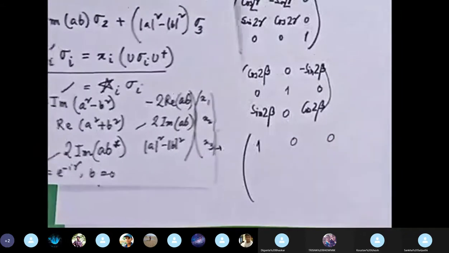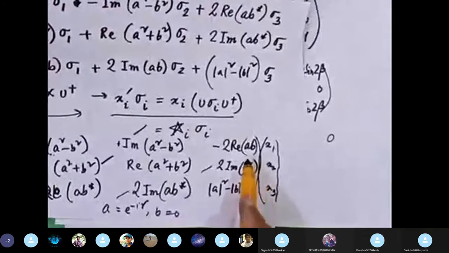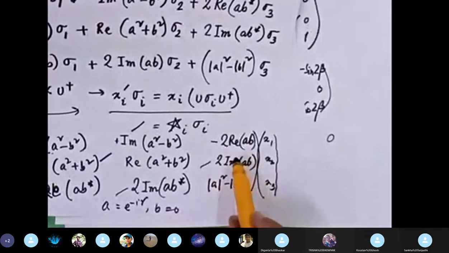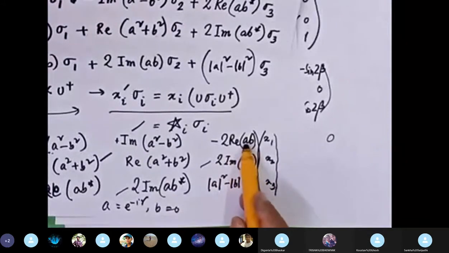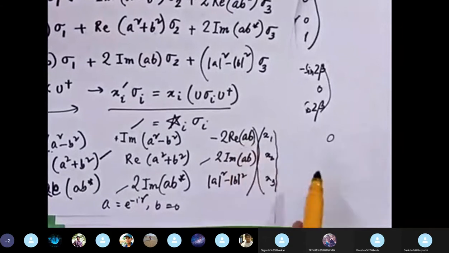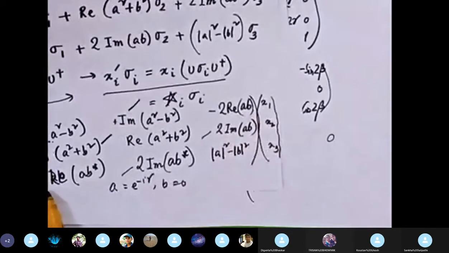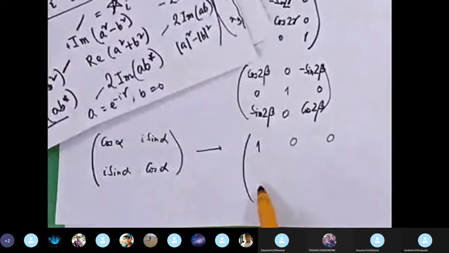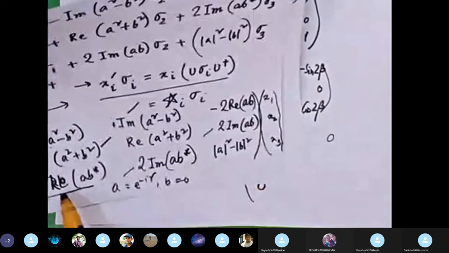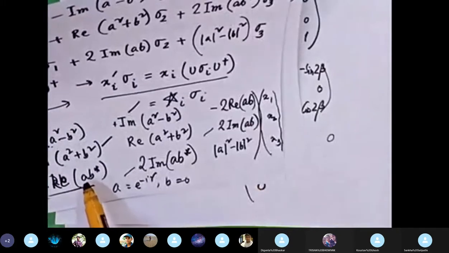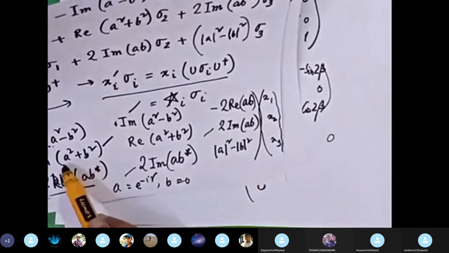Next term is also 0, because A, B is purely imaginary, so its real part is 0. Also this is 0, because this is real part of A B star, which is purely imaginary. A square plus B square, you can check, is a real number, so it is 0.